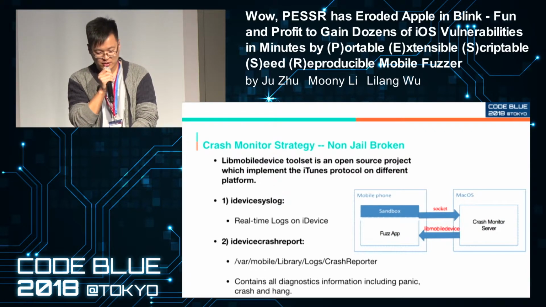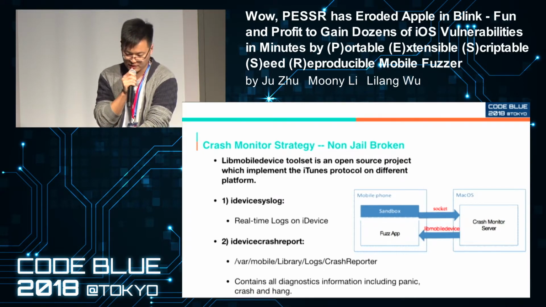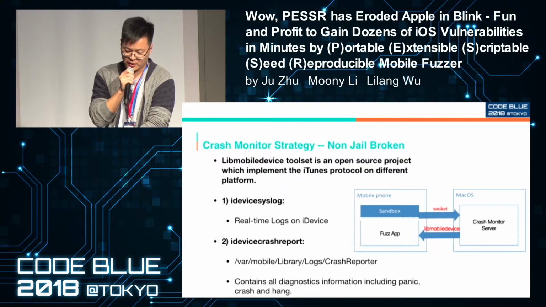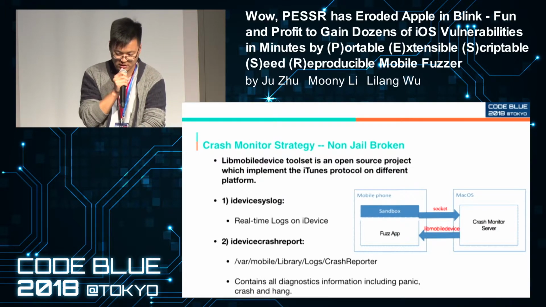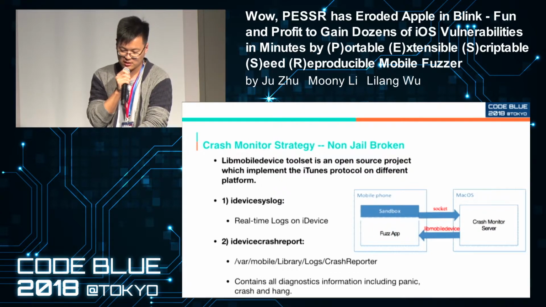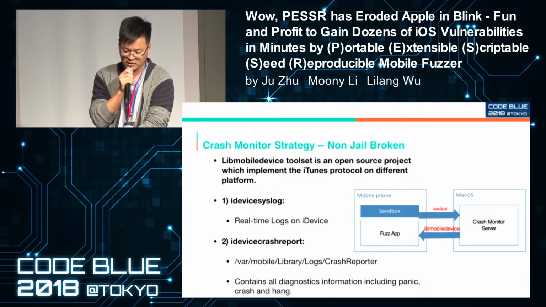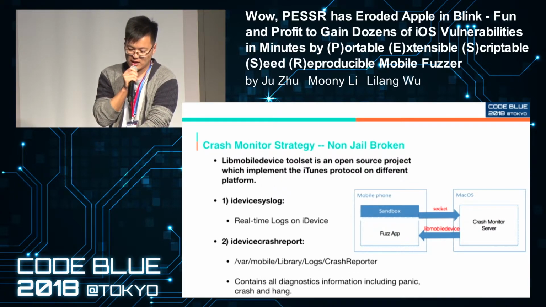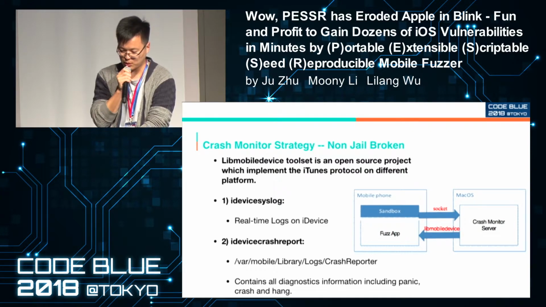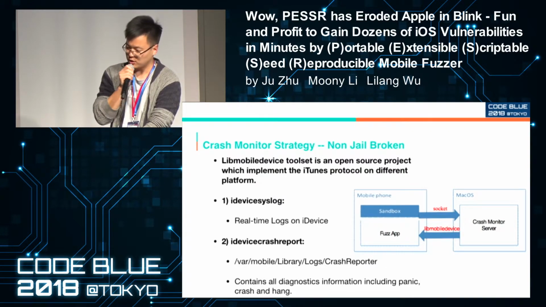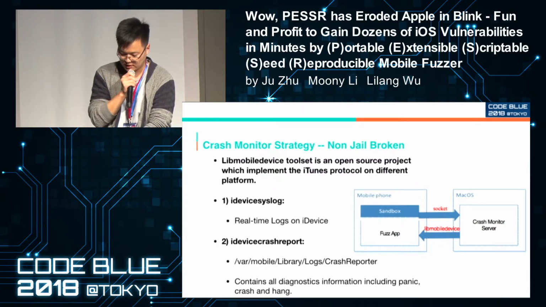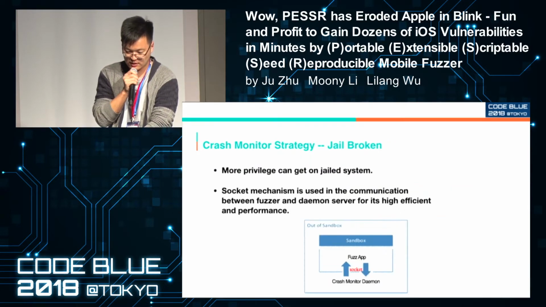What's more, there are also some vulnerabilities such as kernel bugs. When we trigger them, they will create related diagnostic information in the crash report folder. So we can use the iDevice crash report tool to pull this information to monitor fuzzing status.